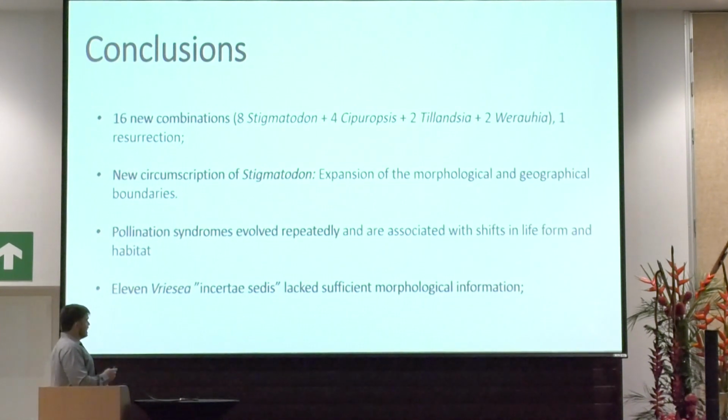We had the pollination systems evolving repeatedly, as in previous studies, and they are associated with shifts in life form and habitat sometimes. And we kept, actually, we didn't have sufficient morphological information to have a different placement for 11 species of Vriesea, okay?